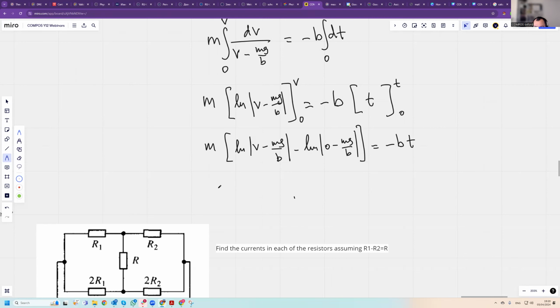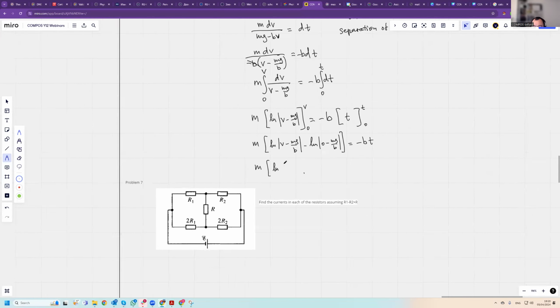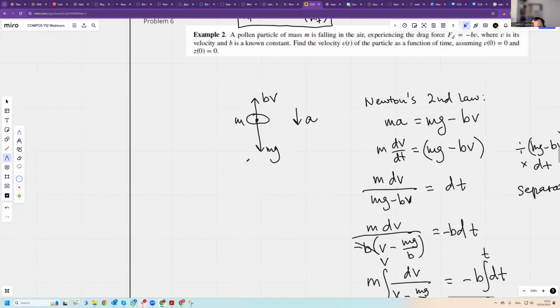Okay, so m logarithm. So v minus mg over b. What is mg over b? Well, at terminal velocity, bv equals mg. And that means v equals mg over b.